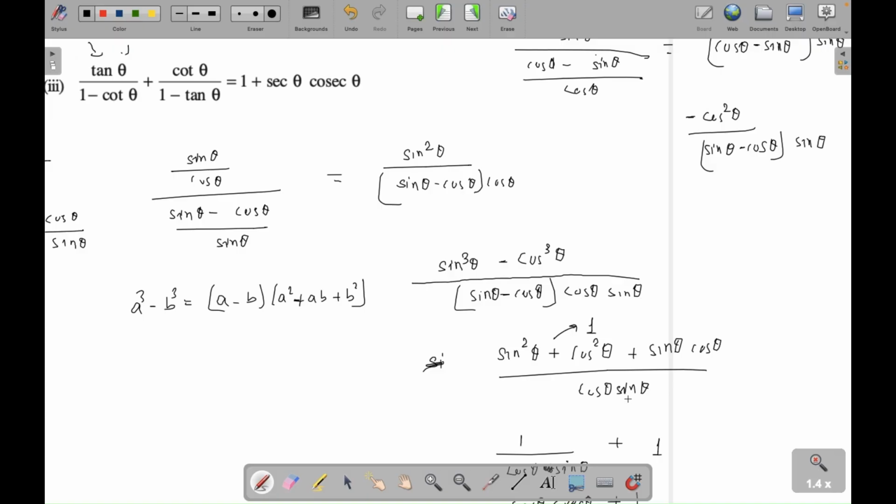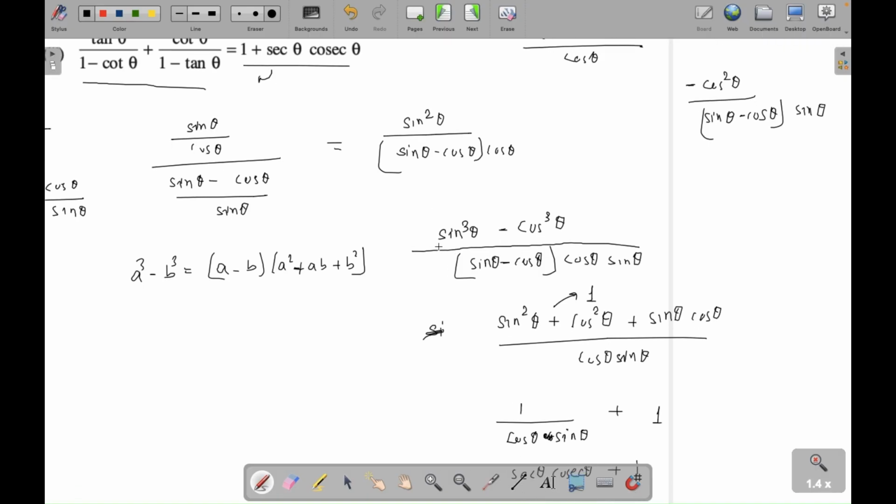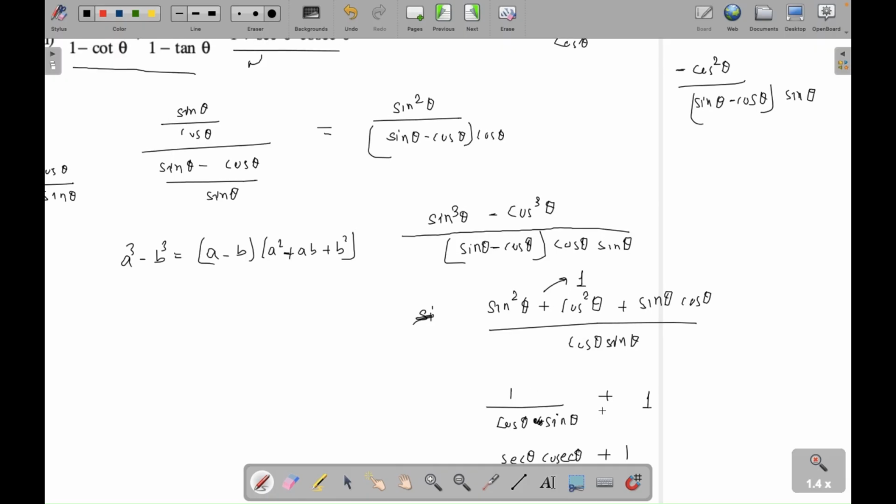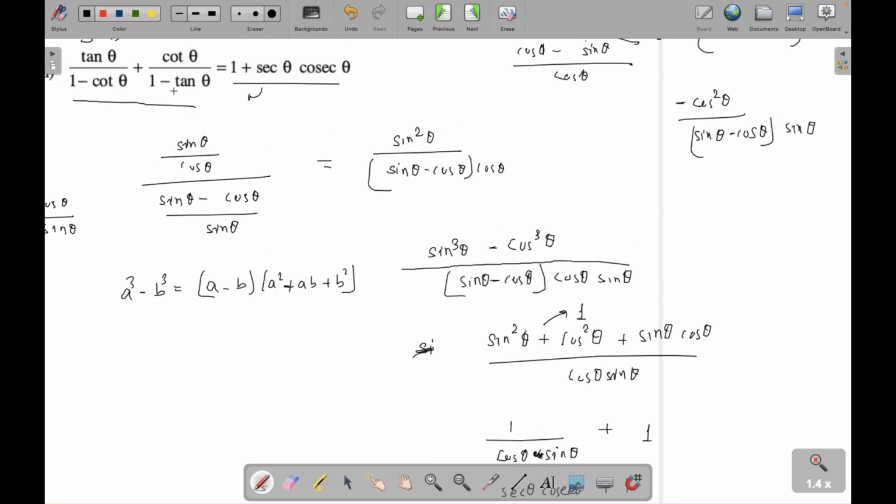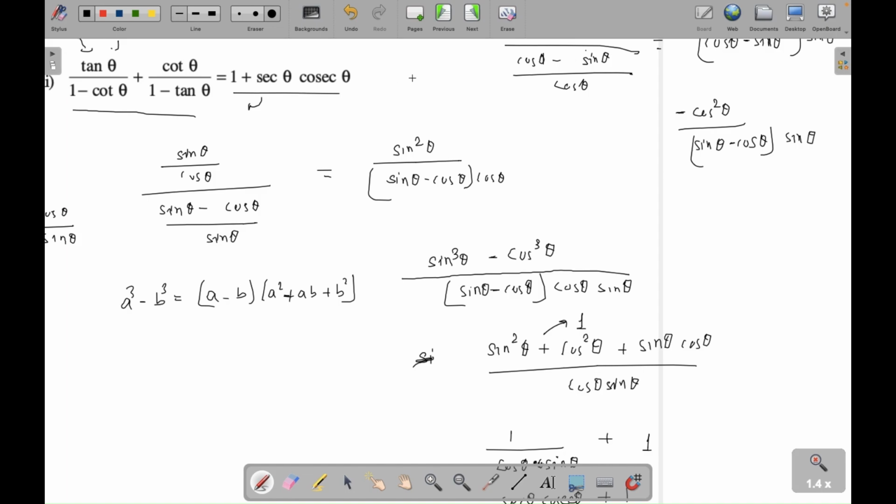Right? So see, in exam, most of the time it is recommended to only solve one of the halves and get the other half. So you should not solve both the halves and then arrive at the middle ground. Say for example, you got 1 upon cos theta sine theta plus 1. Then you could have written this as 1 plus 1 upon cos theta sine theta, the right hand side.